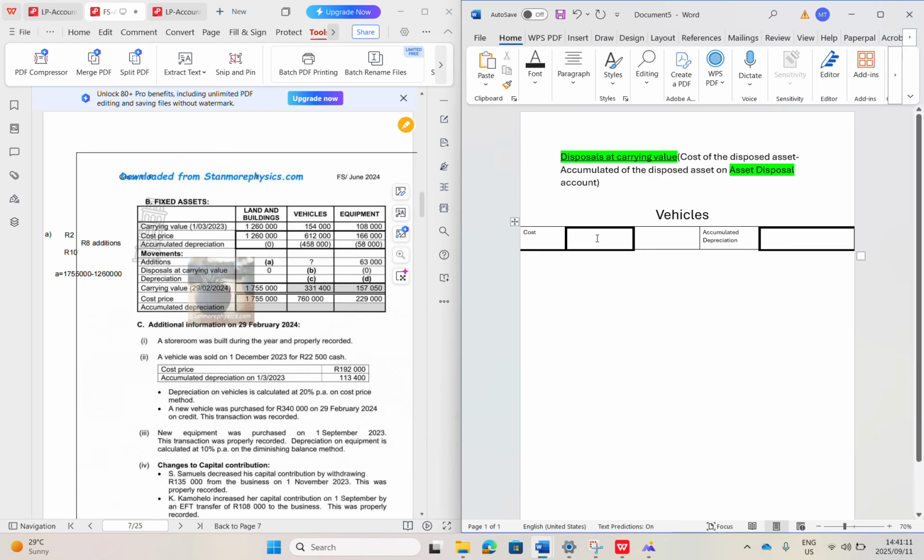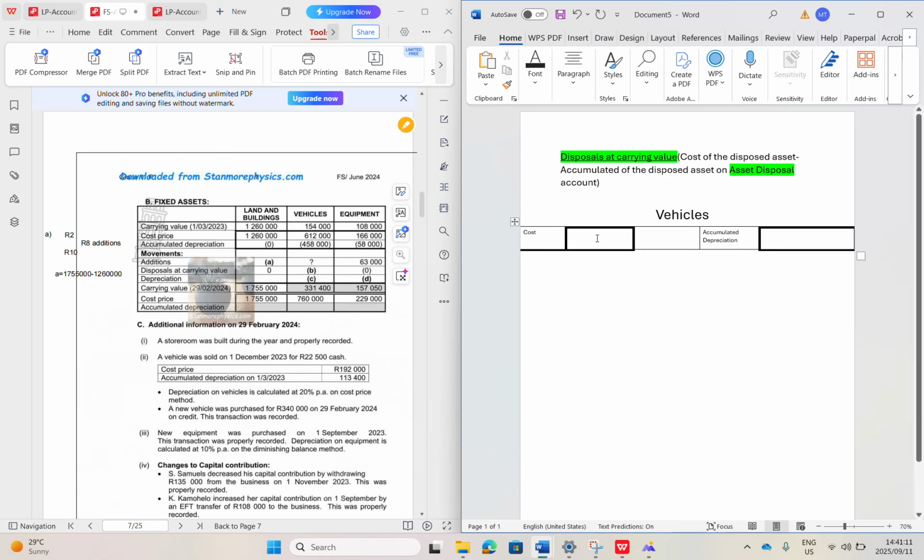So the cost here is 192,000. This is the cost you sold on the 1st of December. Accumulated depreciation is 113,400, our accumulated depreciation on the 1st of March 2023.